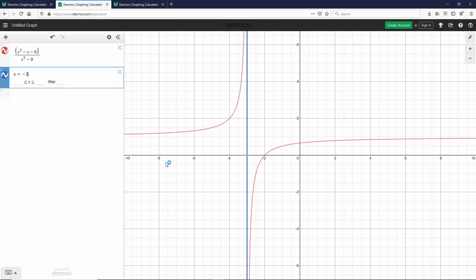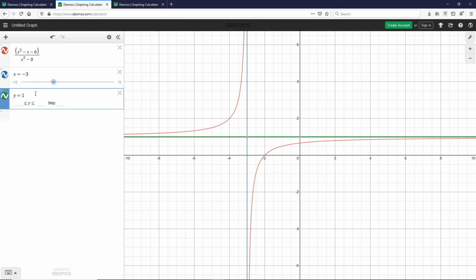Now, what if we wanted to draw a horizontal line? Again, those are the form y equals a constant. And let's say in this case, we wanted to draw the horizontal line whose y-intercept is 1. So you write y equals 1. And in this case, you can see in green, that's that horizontal line, y equals 1.